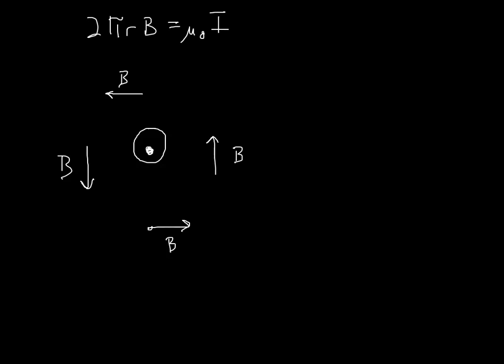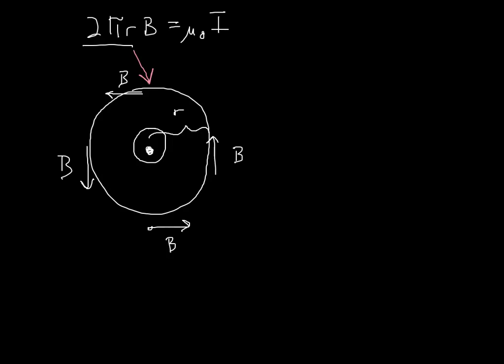So the magnetic field really traces out a circle around this wire. That circle is the magnetic field circumference that we're talking about, because this distance that we're getting a magnetic field for is r. So 2 pi r, right there, is the circle that the magnetic field traces around this current.